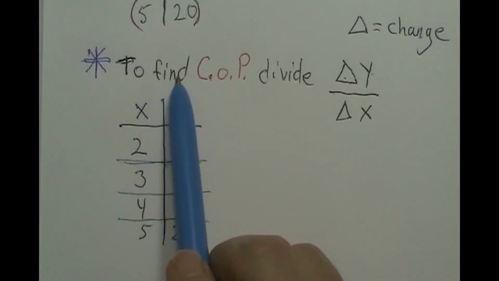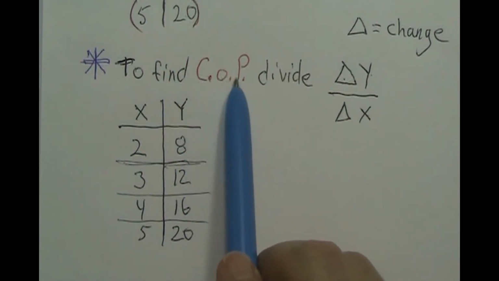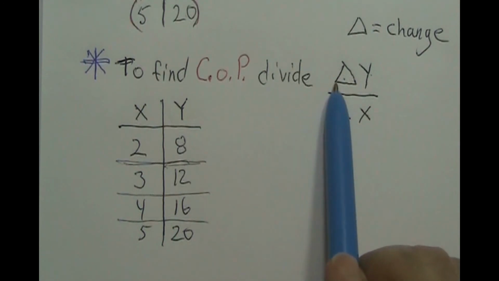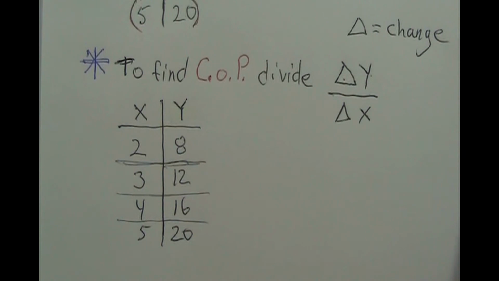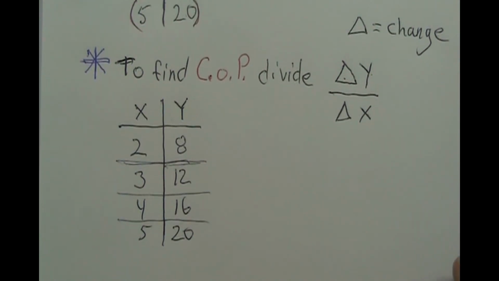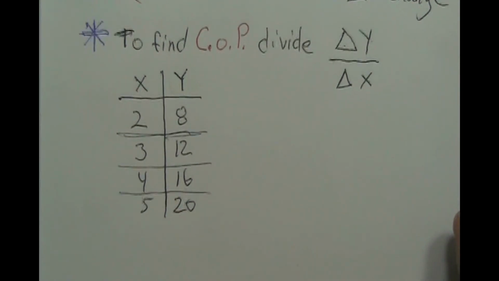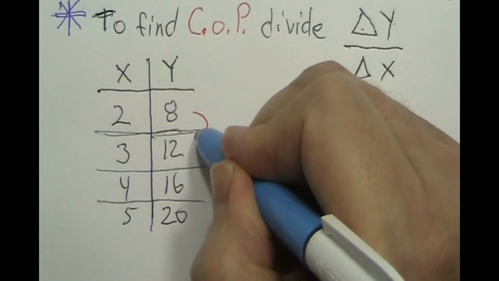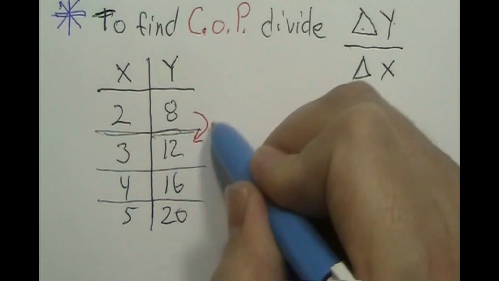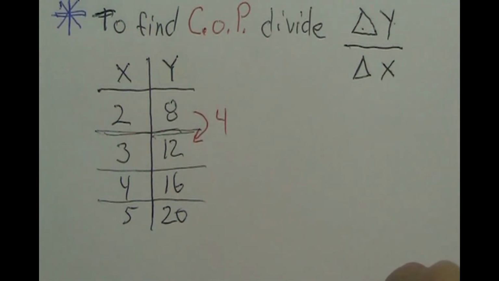To find the constant of proportionality, divide the change of y over the change of x. What do I mean by that? To go from 8 to 12, it changed by 4.